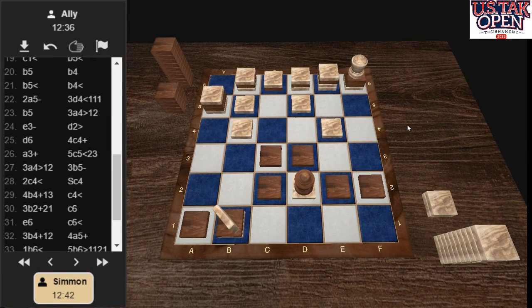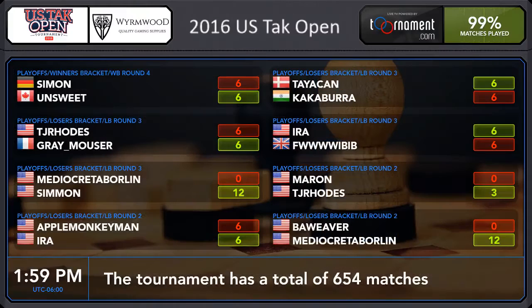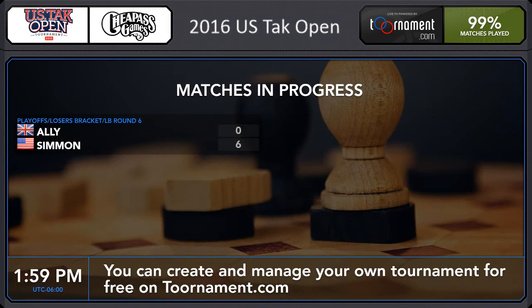So, with that, it looks like we do have Simmon moving on. So let me update the bracket for this one. So Simmon will go on to face. So despite Simmon winning the match, Ally did take that game. So we have 6-6, but Simmon takes the result.